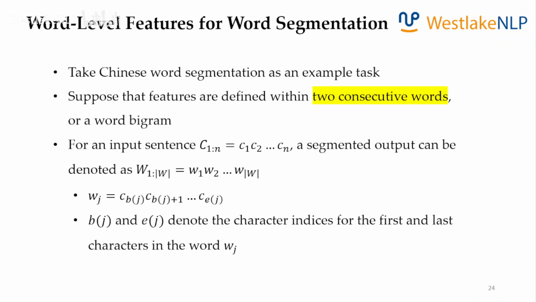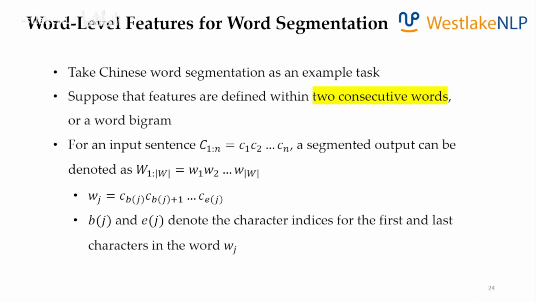Further, let's denote Wj, the jth output word, as C beginning of j, Cb(j), C beginning of j plus 1, until C ending of j, Ce(j). Where Bj and Ej denote the character indexes for the jth word.